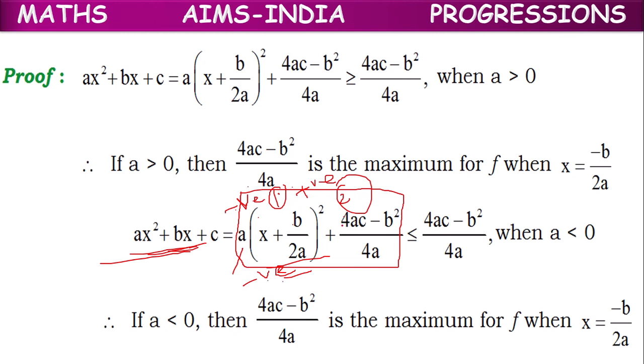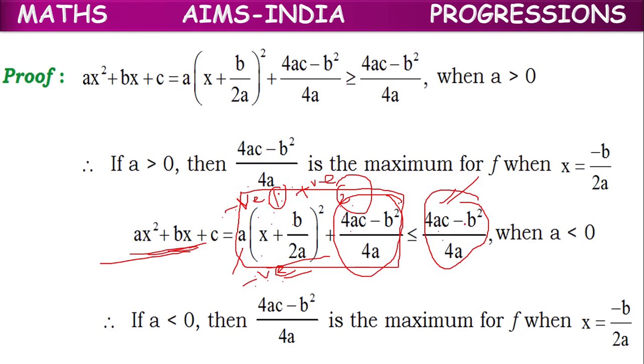This negative value minus 4ac minus b square by 4a. If it is 0, it is equal to this one. If it is negative, it will be less than this one. The sum of 1 and 2 will be equal to 4ac minus b square by 4a or less than it, because the first value is negative. If the first value is 0, the sum equals the second one. If the first value is negative, the sum is less than the second one.